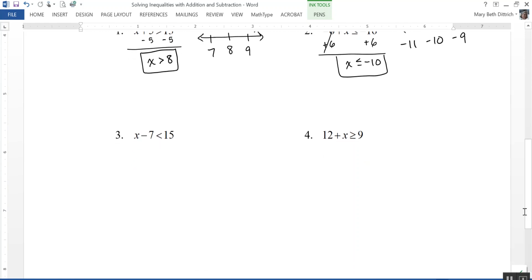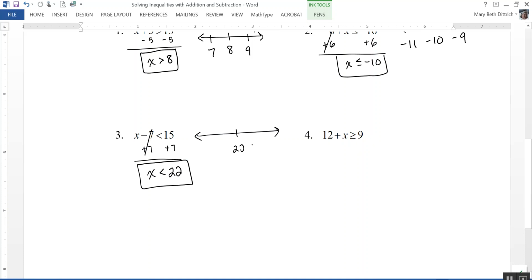Number 3 says x minus 7 is less than 15. So to solve this, I'm going to add 7 to both sides. So x is less than 22. To graph this, I'll draw my number line.